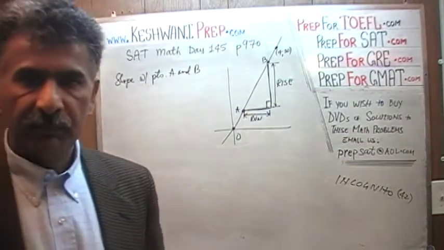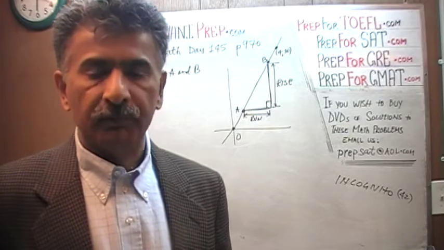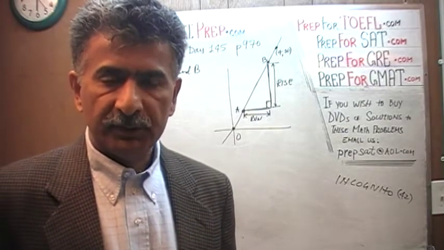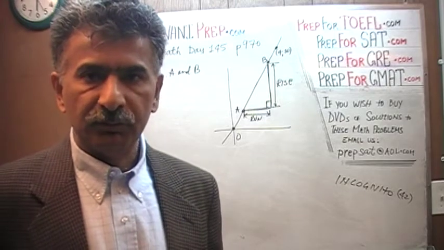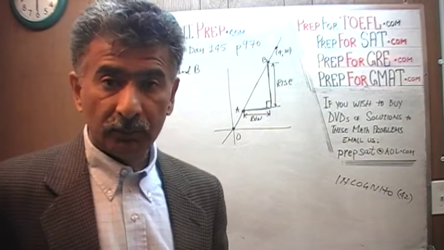So somehow we have to establish the ratio of these two sides, which is the same as saying we have to figure out its slope, and then look for the combination which has the same ratio of the two sides as the one that we find from A to B, because slope is going to stay the same throughout the line.